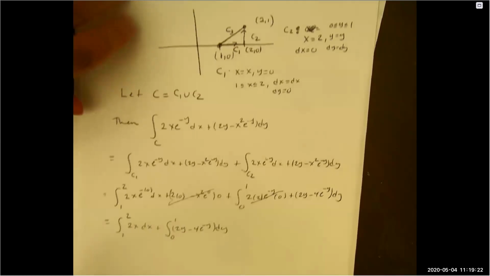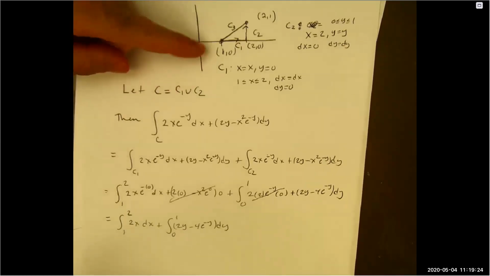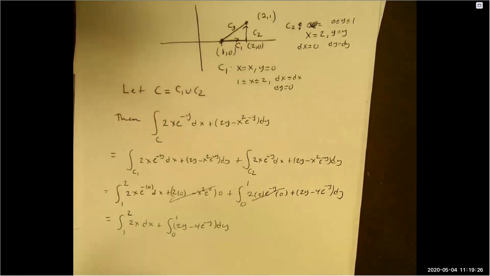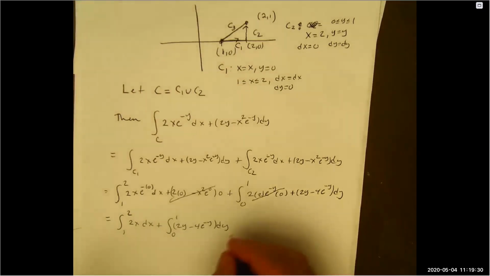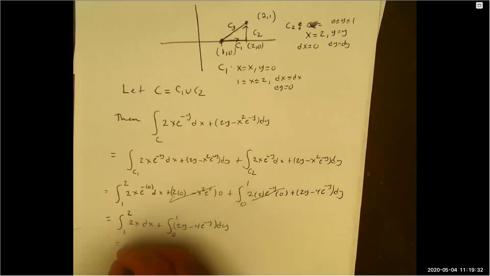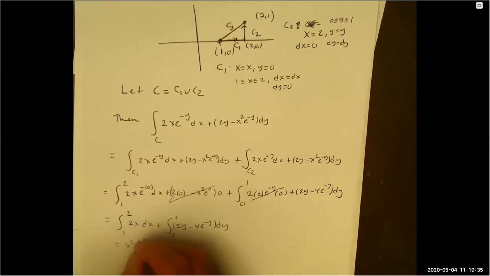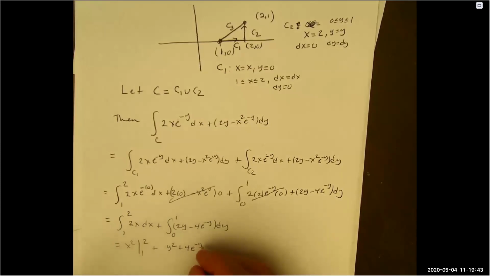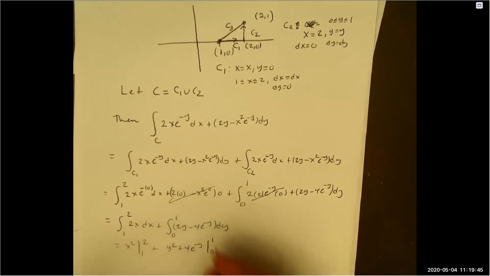And remember, even though I picked a particular path, it's independent of path. So I'm just picking one to make the calculation simpler. So what this will give me is x squared from 1 to 2 plus y squared, and then plus 4e to the minus y, and we're going from 0 to 1.